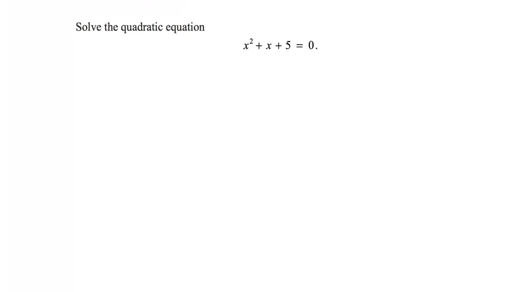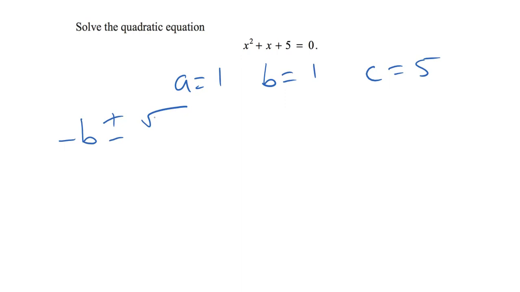Okay, let's do one more. So in this quadratic equation, we have a is equal to 1, b is equal to 1, c is equal to 5. Let's write it out again. Minus b plus or minus the square root of b squared minus 4ac, all over 2a. Let's put the numbers in.